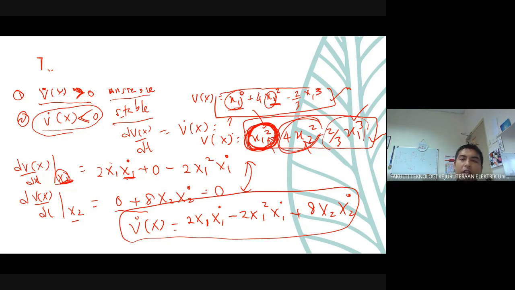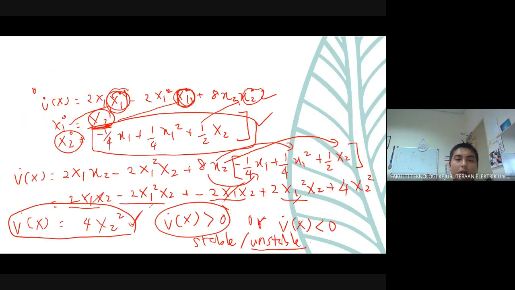Since there are two parameters here, x1 and x2, that's why you need to do the derivative based on x1, and also you need to do the derivative based on x2. So this is the answer for the v dot x equation. Okay, so now after you have the v dot equation, you have the x1 dot equation equal to what, and the x2 dot equation equal to what.